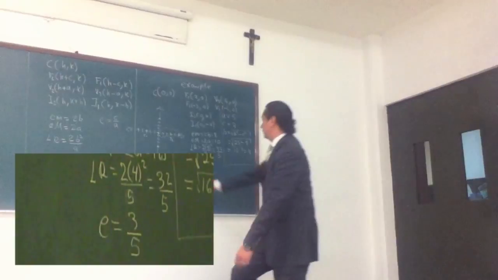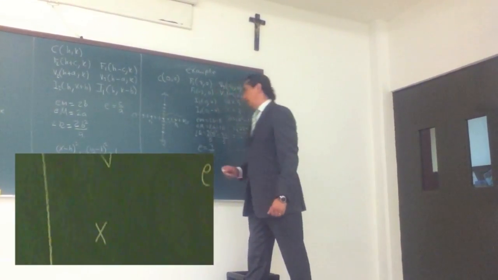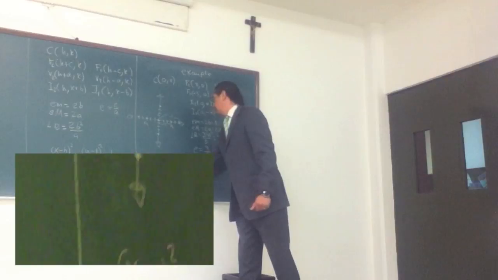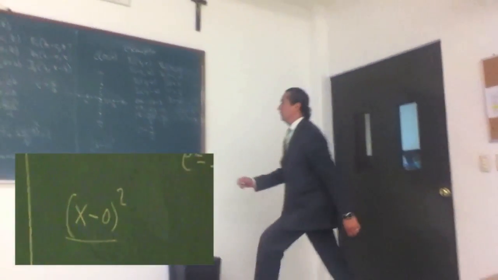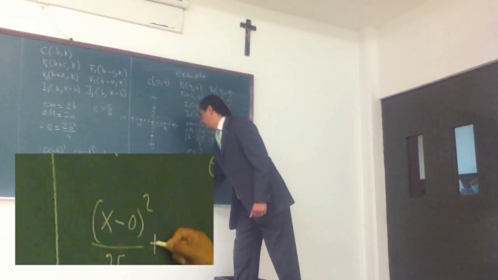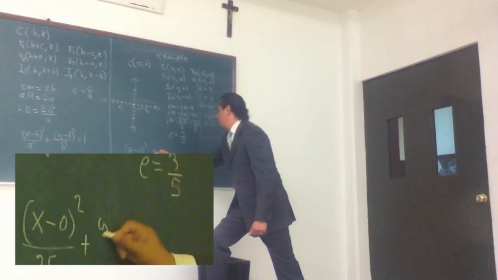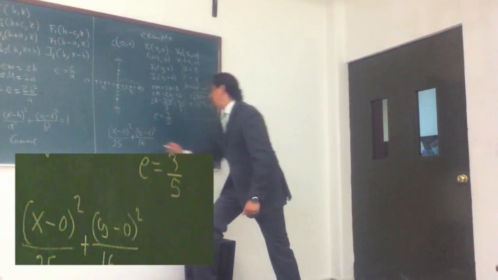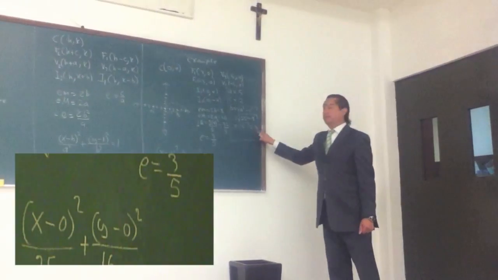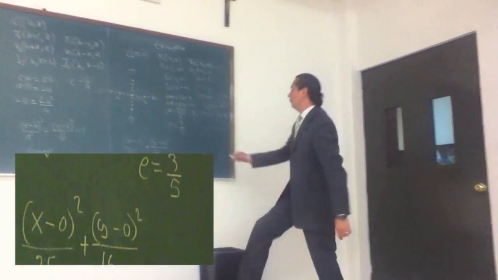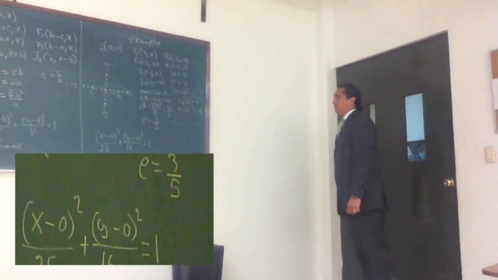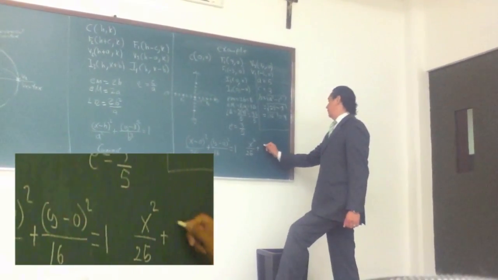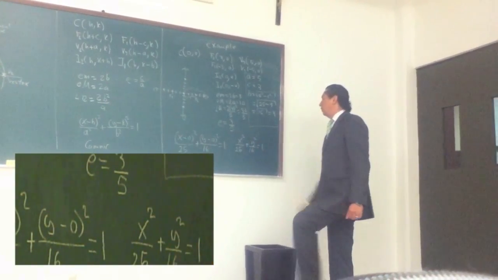The canonical equation is (x minus 0) squared over 5 squared, which is 25, plus (y minus 0) squared over 16, because it's b squared. b squared is 16, equal to 1. Okay. So x squared over 25 plus y squared over 16 is equal to 1.